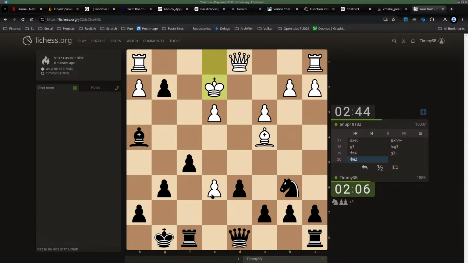Yeah, okay, this is the threat, of course. I'll just take the bishop first. Well, now you can do something about the rook. That is true. It's not doing something about the rook.